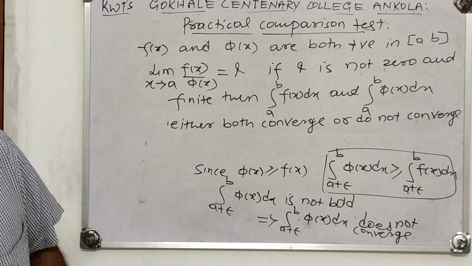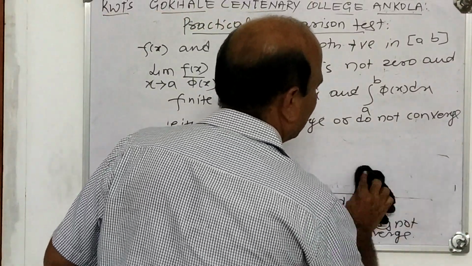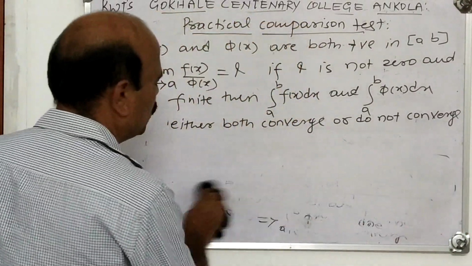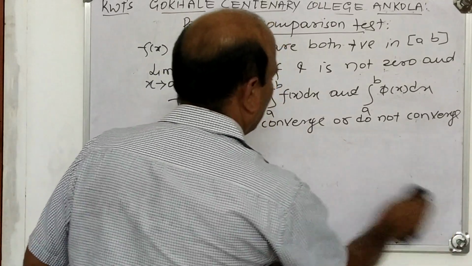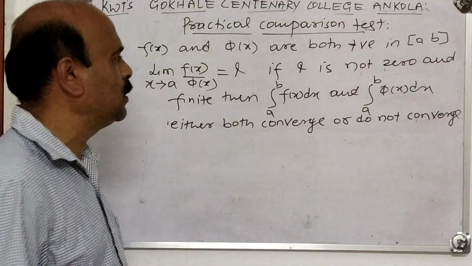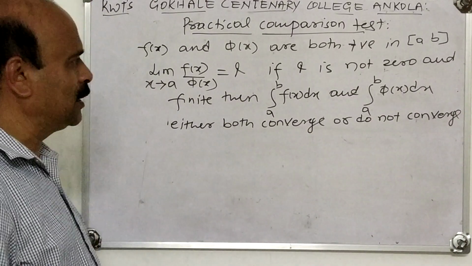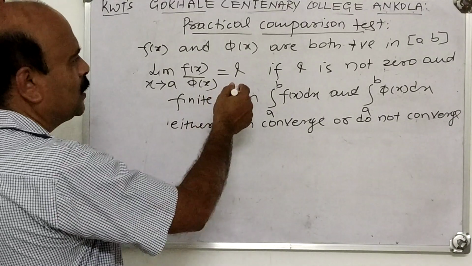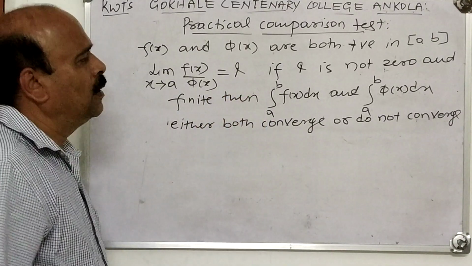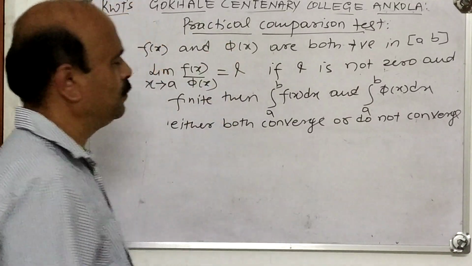This is the practical comparison test. It is called the practical comparison test as it is applicable to problems that are difficult to solve by using the previous test. So this test is for solving the problems. Therefore, it is called the practical comparison test.